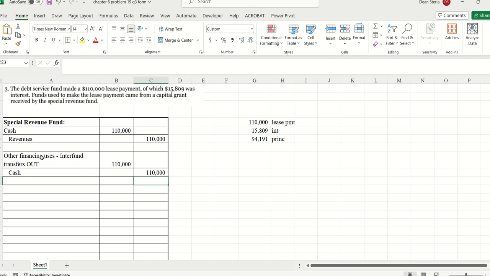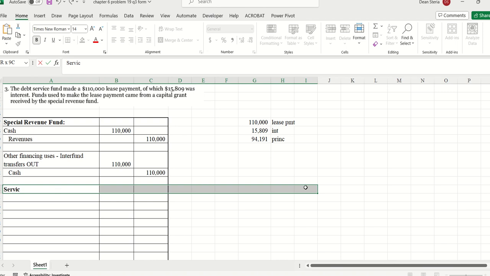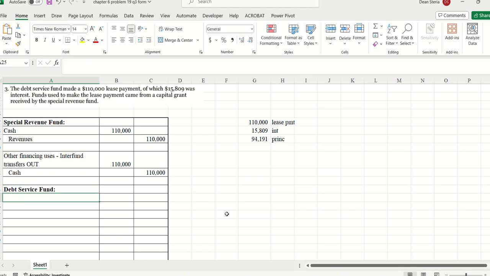So this transfer right here will then carry down to the debt service fund. Now that transfer that we did, we transferred the cash in here to the debt service fund.